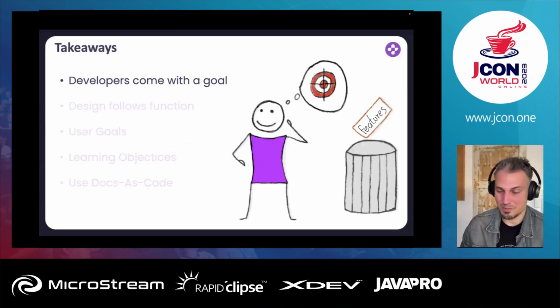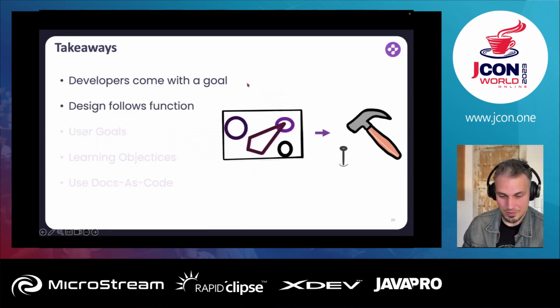So the takeaways for this talk is think about your docs from a developer mindset. So you have user goals. Developers usually don't care about your features, but can you solve a problem? For me, design follows function.